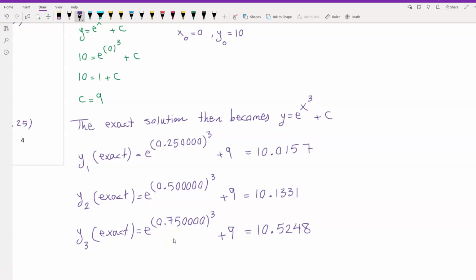Y sub 3, that is equal to e to the x sub 3, that is 0.75 cubed, plus 9, that is equal to 10.5248. Again, I rounded to four decimal places. So these are what we have for the exact solution.